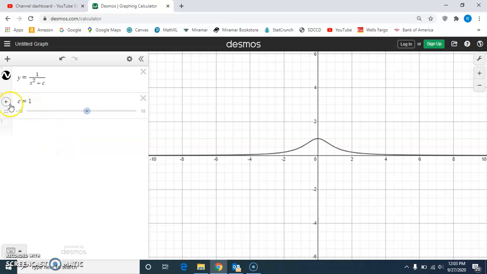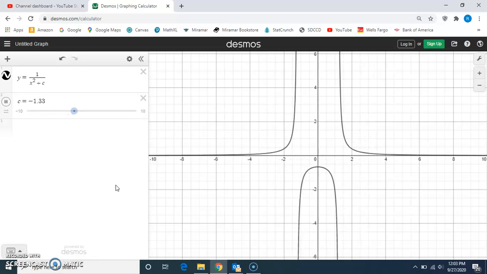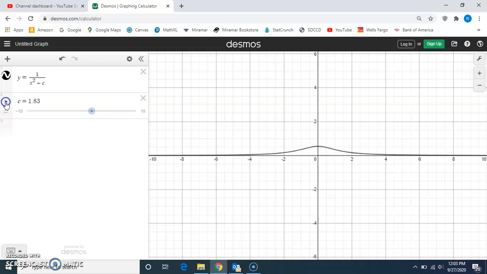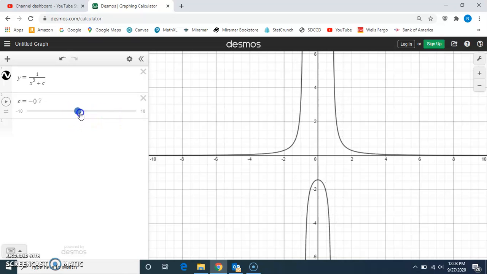This one starts with c equals 1, and if you hit play, then it goes through different values of c. It's kind of interesting to watch. This one goes from -10 to +10. Any positive values of c, you just get this kind of bump. But when c goes negative, now you've got these two vertical asymptotes that occur. If we draw it back, when did that occur?